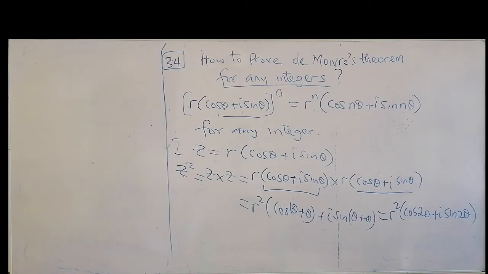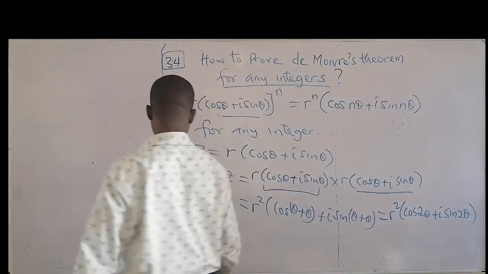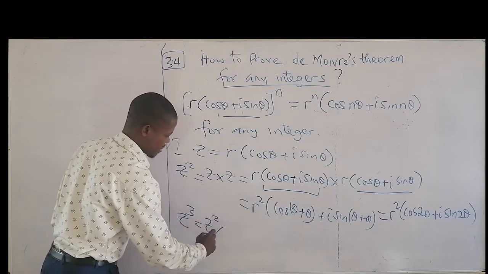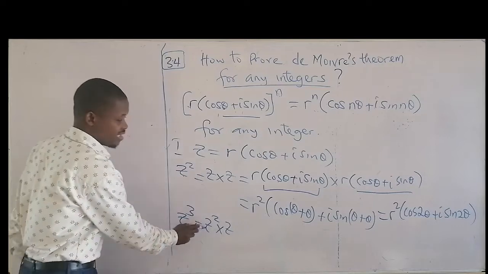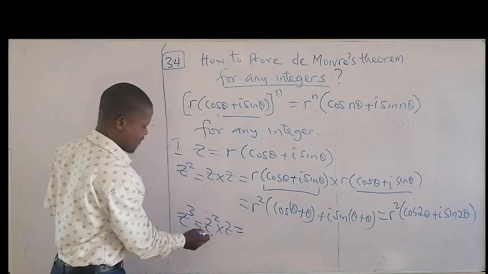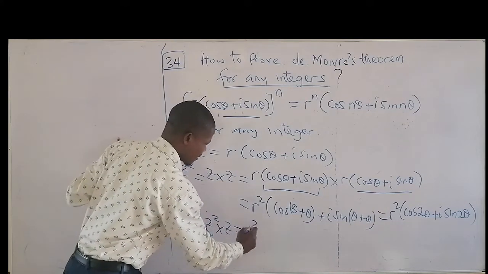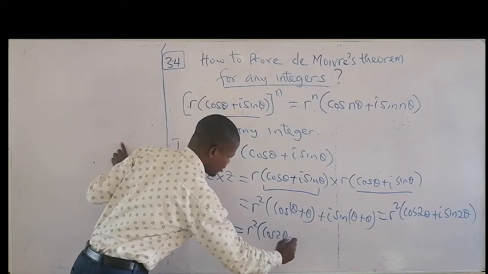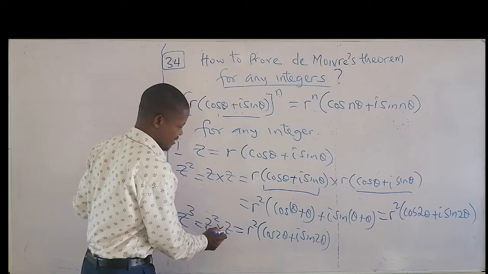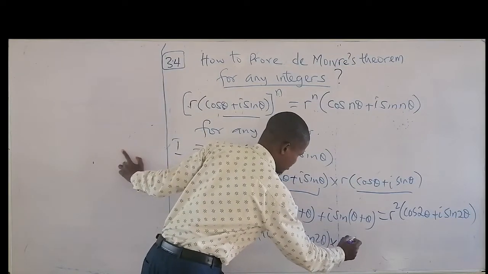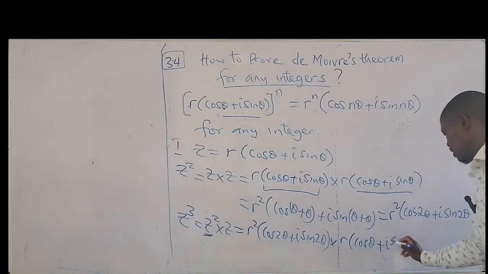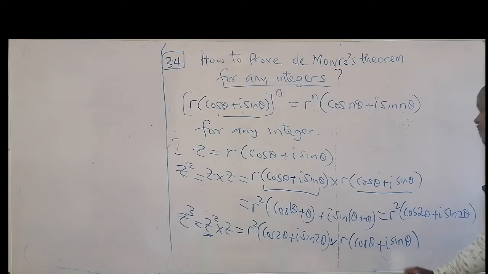Then we can also go on and generate z to the power 3, which is z squared times z. We now have a value for z squared, which is r squared (cos 2 theta plus i sin 2 theta), and then times z, which is r(cos theta plus i sin theta).